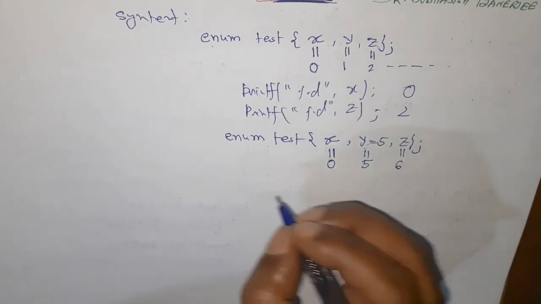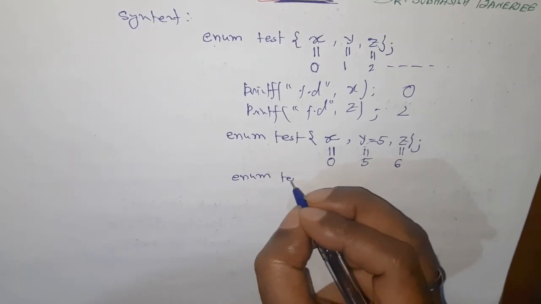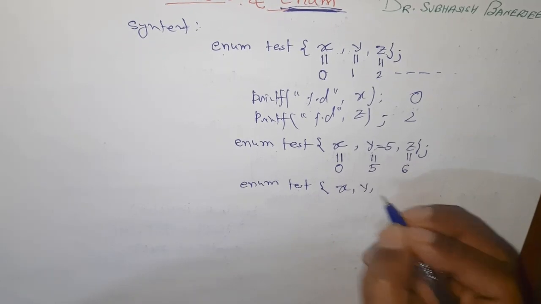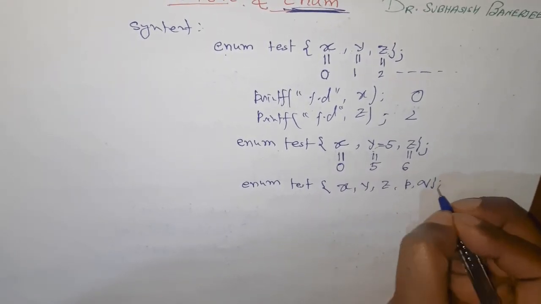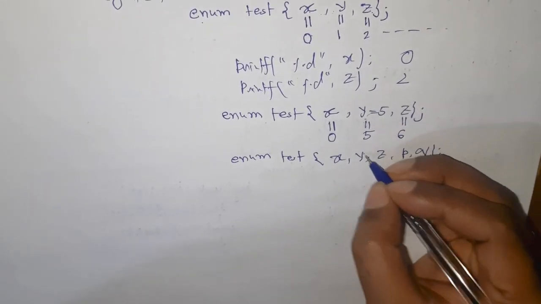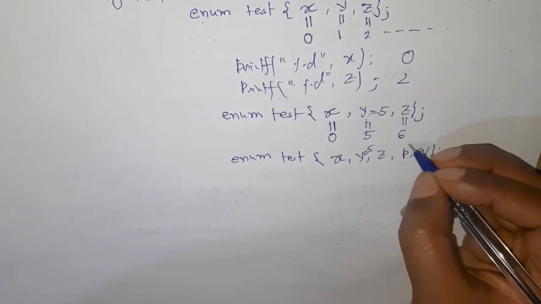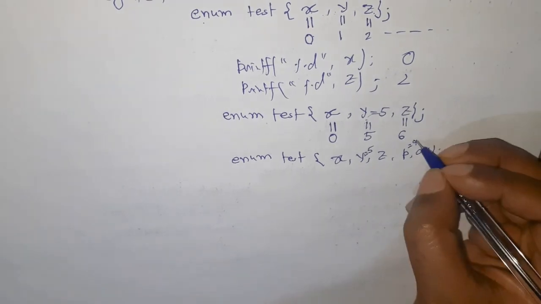Similarly, if we define enum test with x, y, z, p, q like this, and suppose here we specify y equals to 5, and for p we specify 9. So as a result, what will happen?